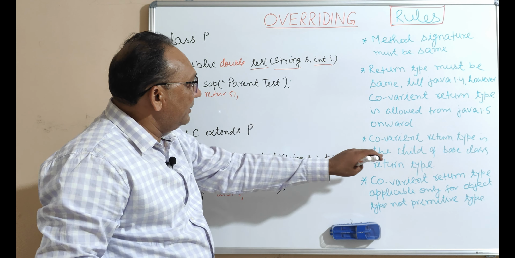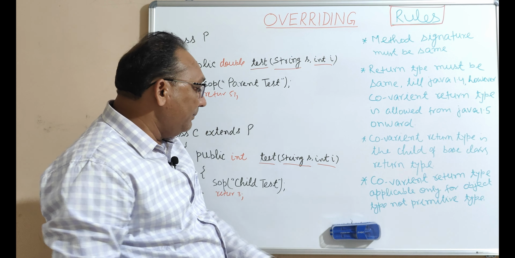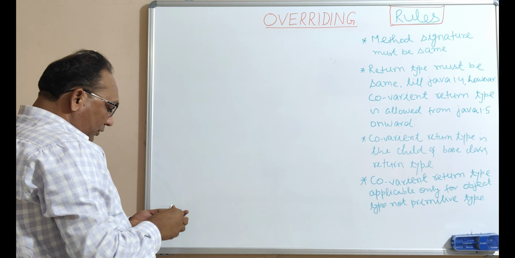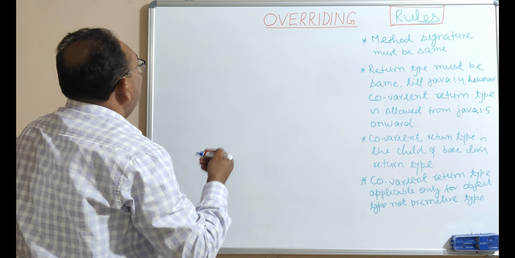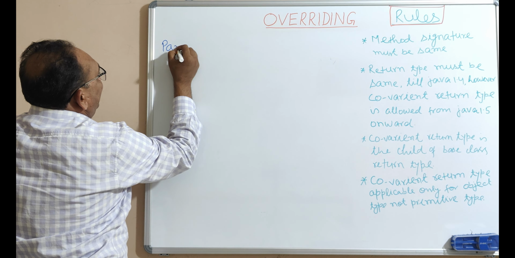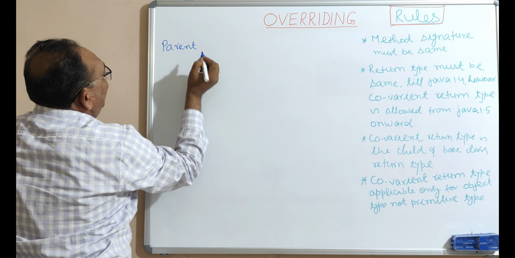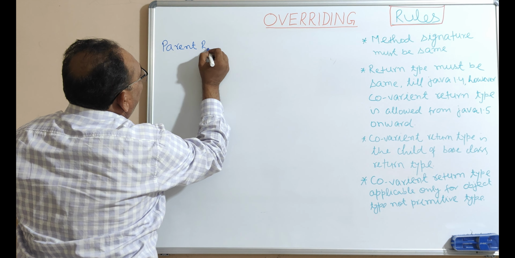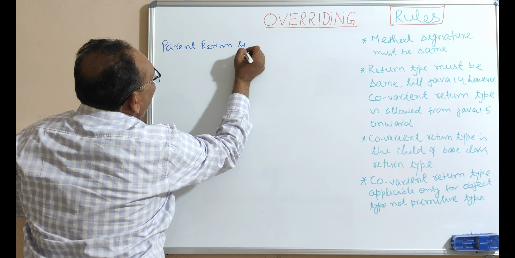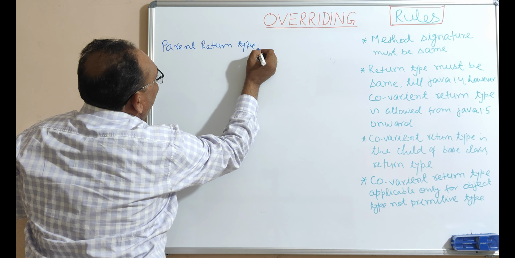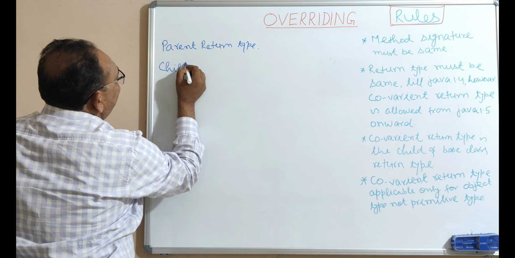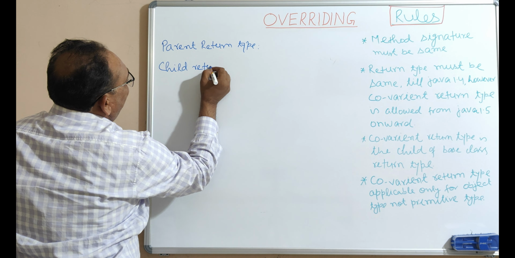Now if this concept is clear, I am going to draw a picture for you guys to understand covariant return type a little deeper. Here I am going to write parent return type, and here child return type.